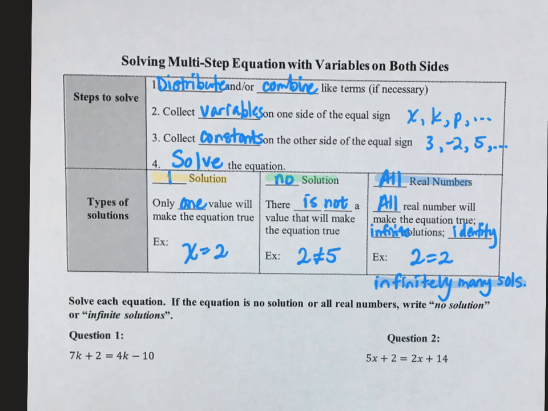One solution will look like x equals 2. No solution will be like 2 equals 5 or 3 equals 2, something that does not equal each other. And then all real numbers will be 2 equals 2, 5 equals 5, something like that. So that's our vocabulary for that section.